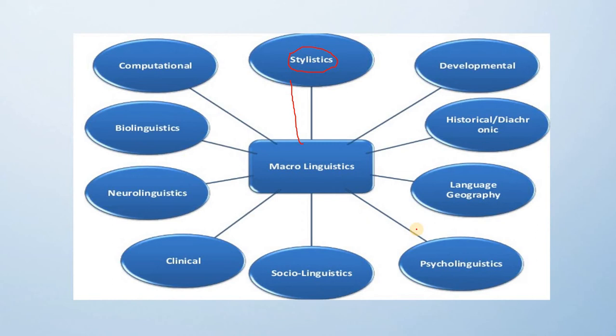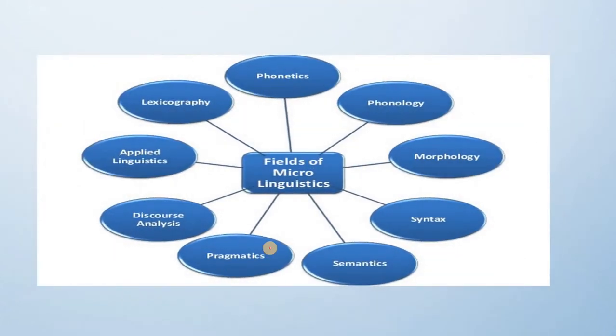So linguistics can be divided normally into two subfields: macrolinguistics, which is purely linguistics in relation to other disciplines, and microlinguistics, which is another subfield in linguistics, which studies language as a subject matter.